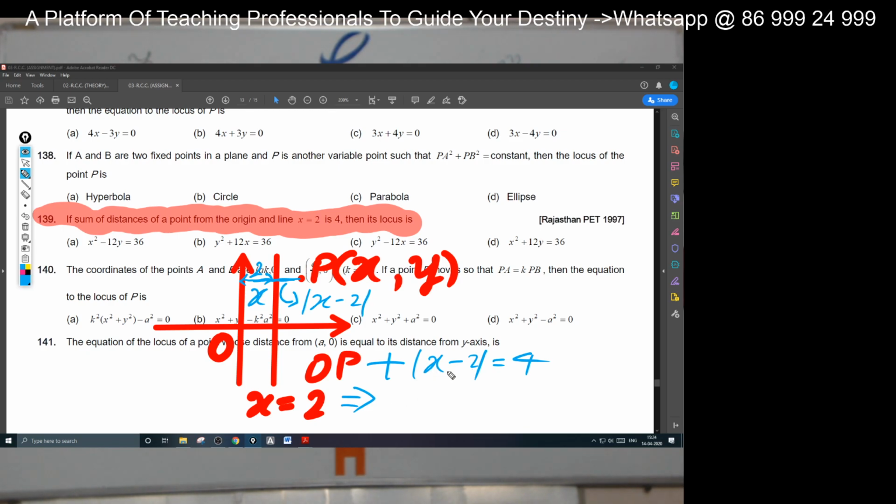If you take x greater than 2, that modulus will be removed. What is OP square? x square plus y square is equal to, if we remove the modulus, I am taking x greater than 2 as one of the cases, then 4 plus 2, 6 minus x whole square.